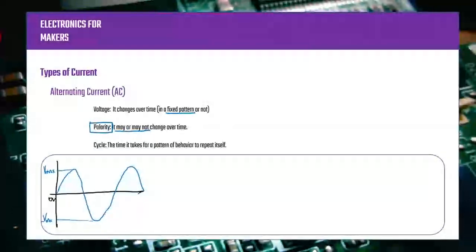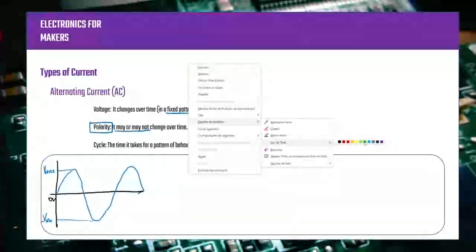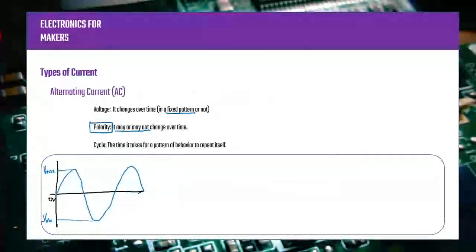Okay, there's one other characteristic these things have, which is the cycle. If you look at this point right here, the point where it starts at 0, goes all the way up, then to 0, then all the way down, then back to 0.